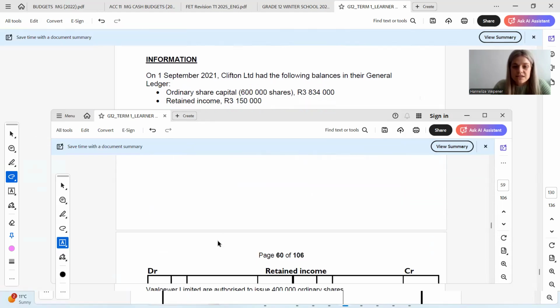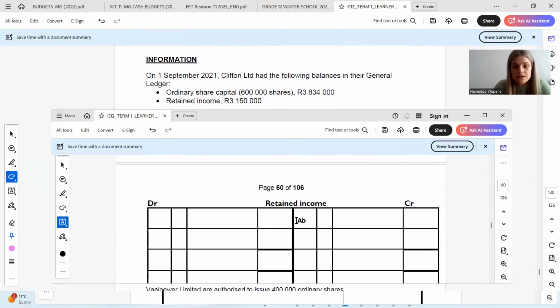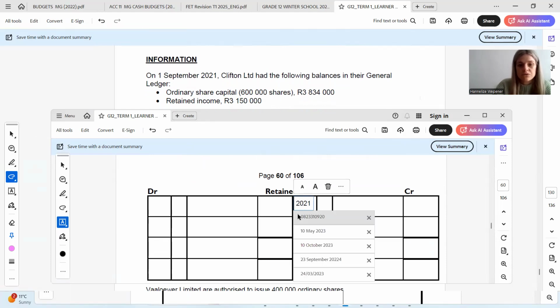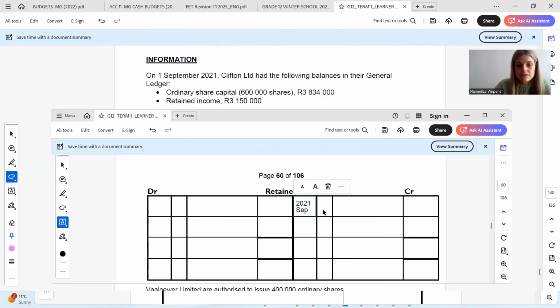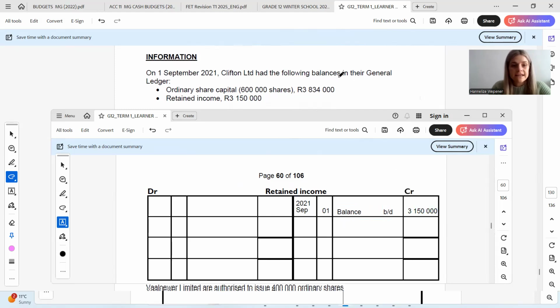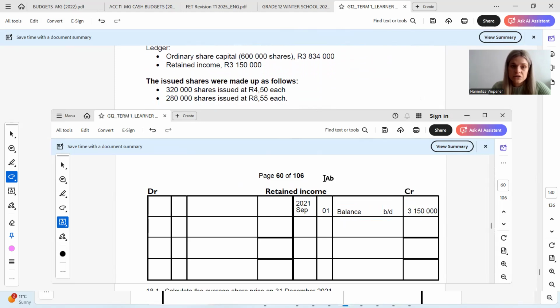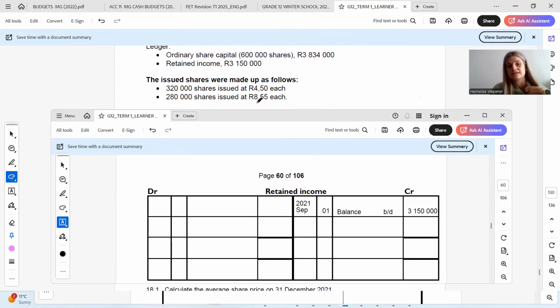Then we also had some retained income. So we'll go to our retained income ledger account, 2021, September the 1st. We had a balance that we brought down from the previous period, and that amount was 3.15. Then the next information says that the issued share capital was issued at R4.50 at first.